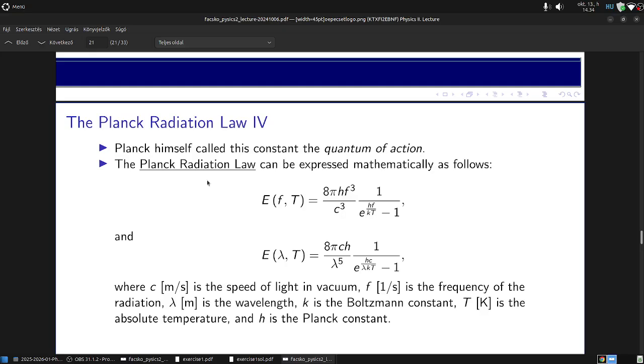And how much? 2.9. And what is the next digit? 8 and 4, 8.